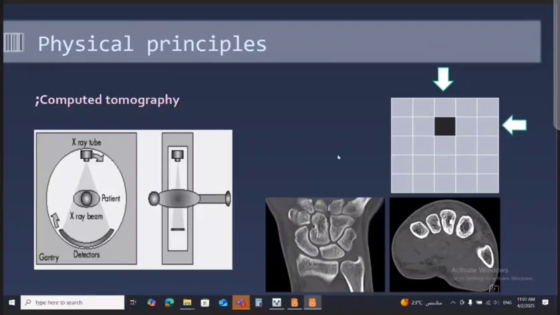In order to image the cross section, in the CT machine, like the X-ray, we have a source of photons and detectors behind the patient. The photons should pass through the patient and show different degrees of attenuation to be detected on the detectors under the patient.